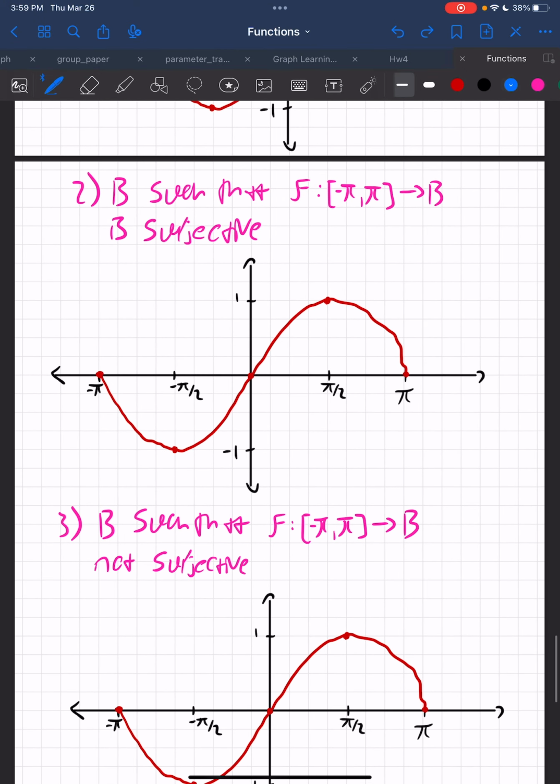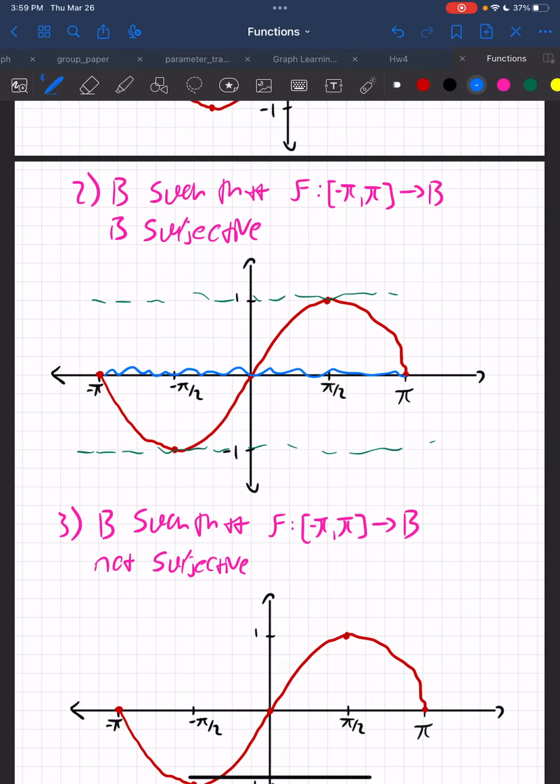Now, what if we restrict the domain of our function to the interval negative pi through pi? And we want to choose a codomain B such that this function is surjective. Well, notice that the biggest value that this function takes is 1, and the smallest value that the function takes is negative 1.